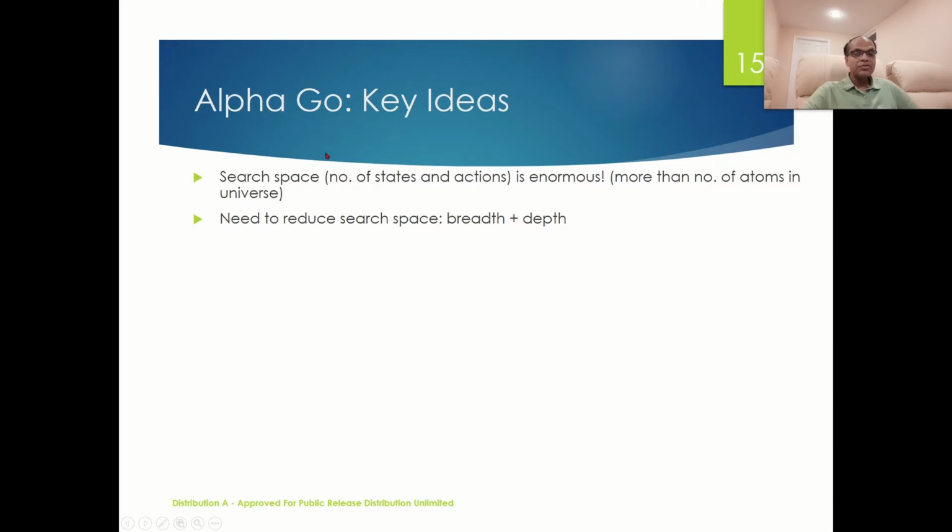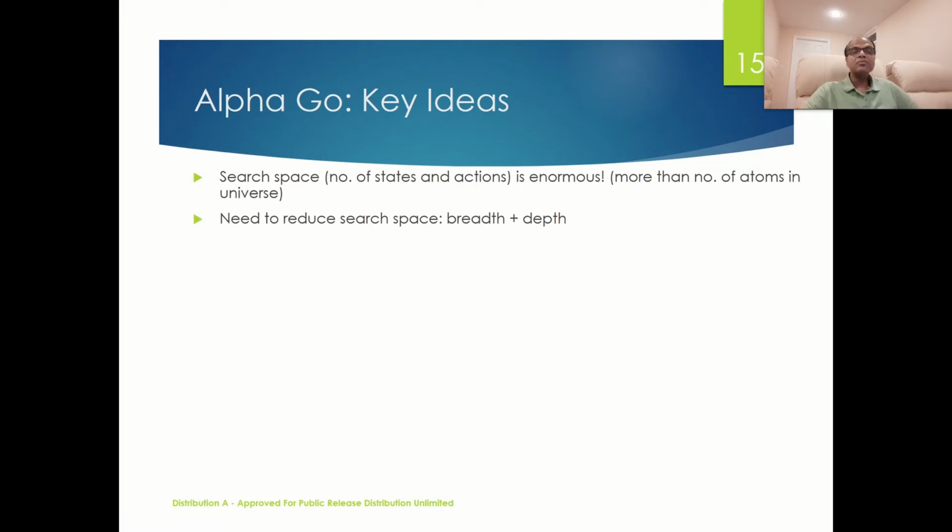Okay. So the key ideas are this: like any computer game we have been talking about, the game Go also has a lot of states, a lot of actions. So basically the search space is enormous and you cannot afford to do an exhaustive search. But the problem is that the search space is so large that if you just use a raw probabilistic search algorithm like Monte Carlo tree search, then also you don't expect to be able to play against a human.